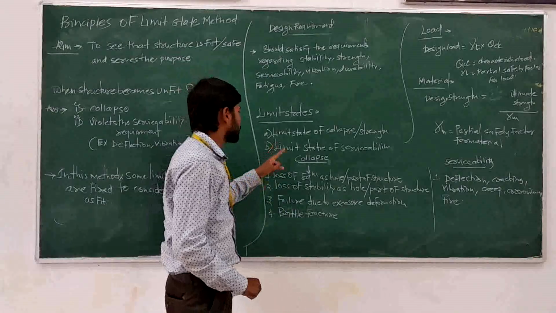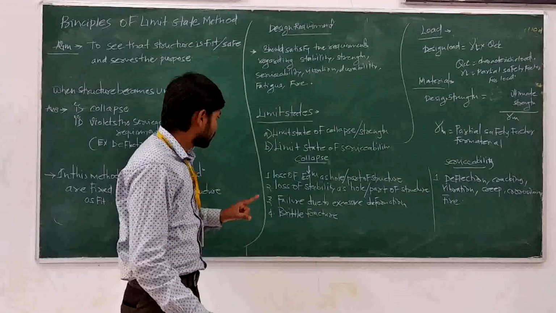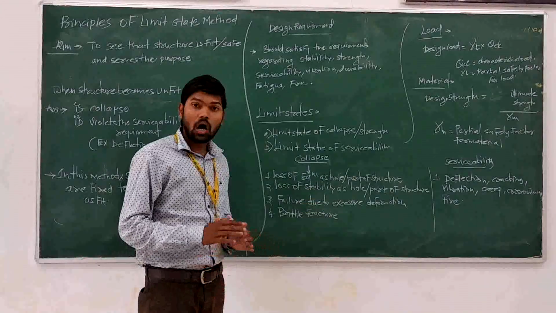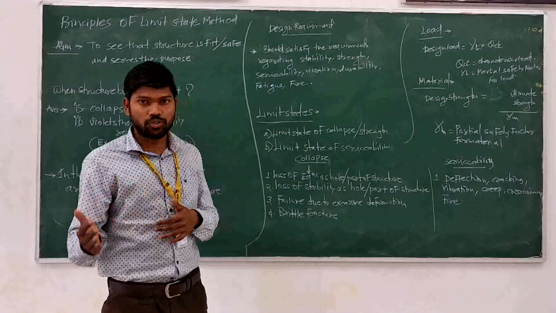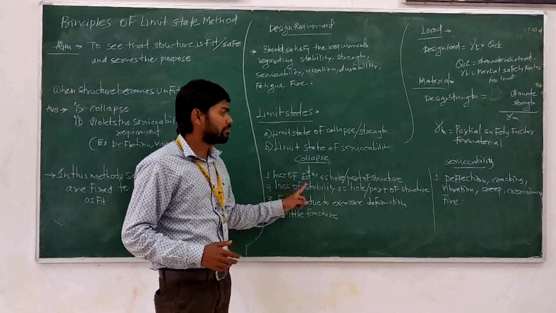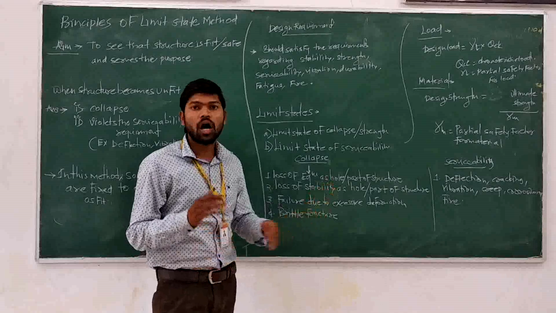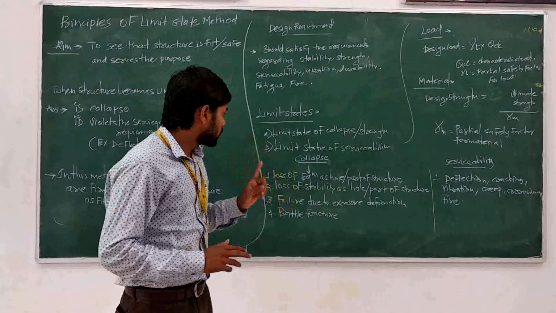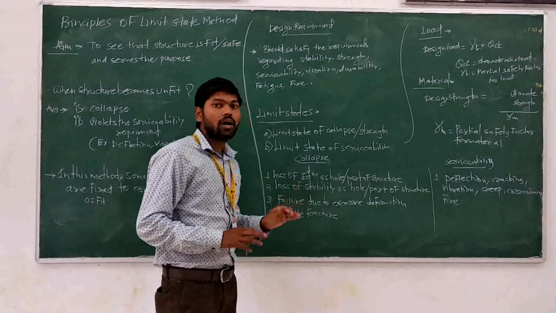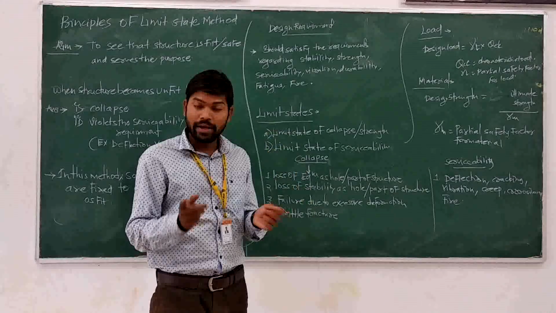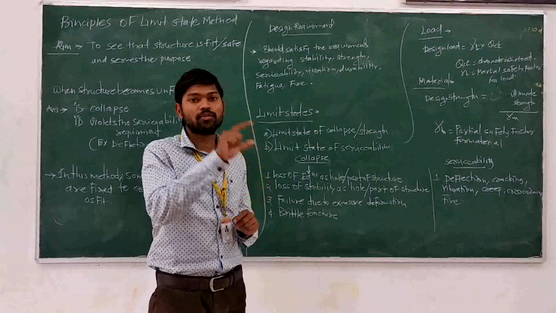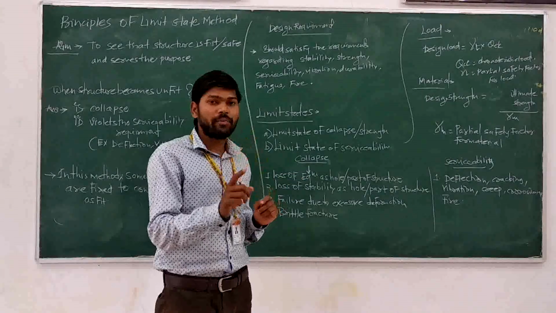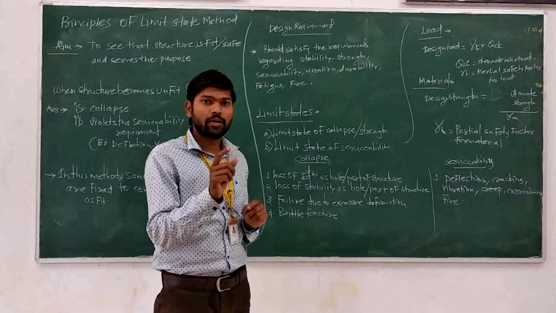Now see, what are the limit states of collapse? First, the loss of equilibrium of the structure as a whole or a part of it. When we design, we have to consider the equilibrium of the structure as a whole, and at the same time the equilibrium of each part of the structure.